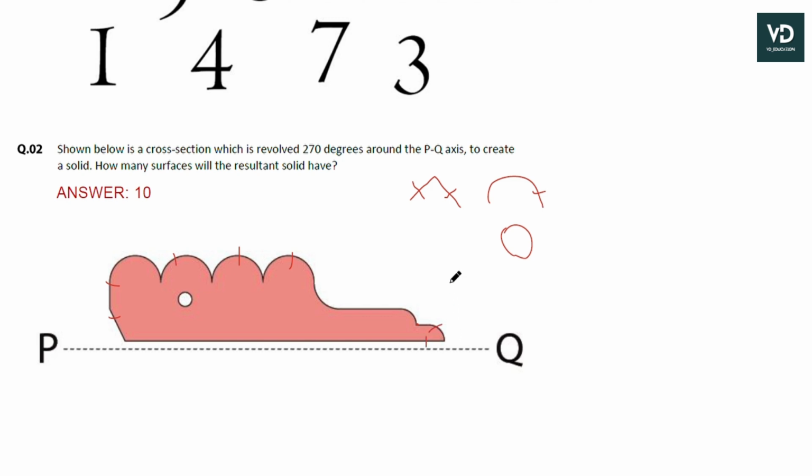Okay, total number is 7 for one surface and this circle is counted as 8. So this will become 8. Okay, and after revolved, so first we can draw an axis here like this.